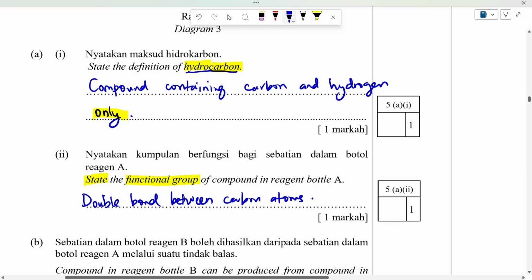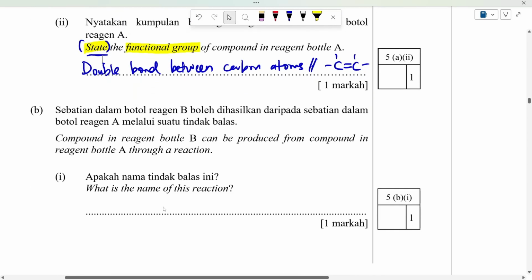Can we draw the structural formula? Can or not? Can, because it says state, you can write the formula, you can write the name. You can also use the double bond, like this. Because it says state.